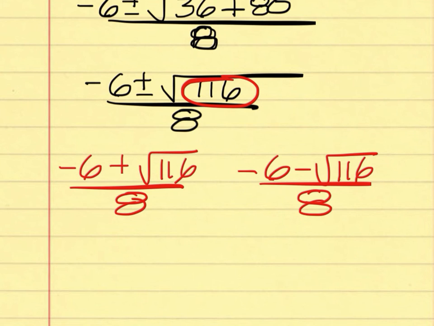Hit enter and then divide by 8. And you will come up with 0.6 rounded to the tenths place. Or on the right you have negative 6 minus the square root of 116 and then divide by 8. That will turn out to be a negative 2.1.